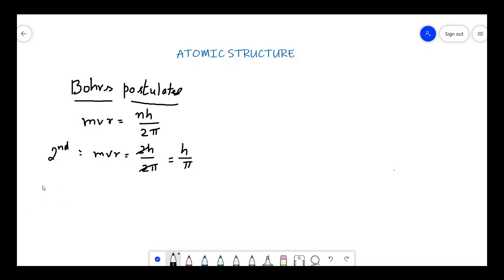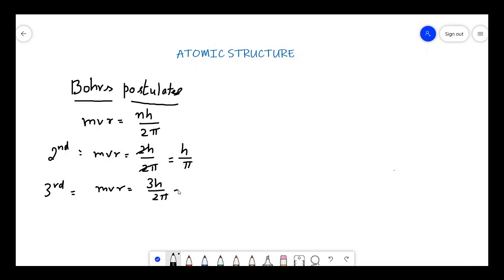And if the electron is present in the third orbit, then mvr is equal to 3h by 2 pi. Sometimes in the options, instead of 3h by 2 pi, he will give this as 1.5h by pi. So don't get confused. So this is about Bohr's postulate.